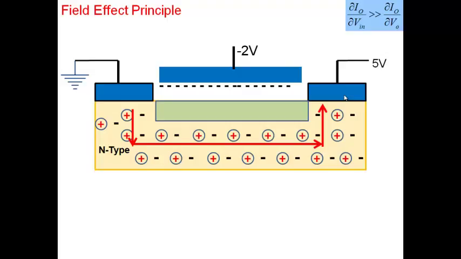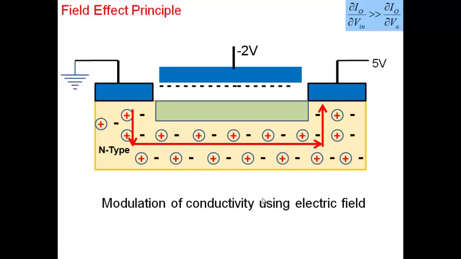And therefore, we have what we call the field effect principle. By applying an electric field here, we have modulated the free charge, and by modulating the free charge, we are modulating the current, right? That modulation of conductivity using electric field is what we call the field effect principle. We can see that the device will exhibit transconductance, because a current is flowing between one pair of terminals, and we are changing that current by applying a voltage across a separate pair of terminals.